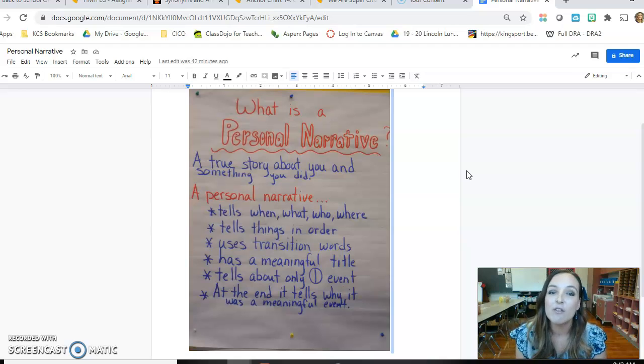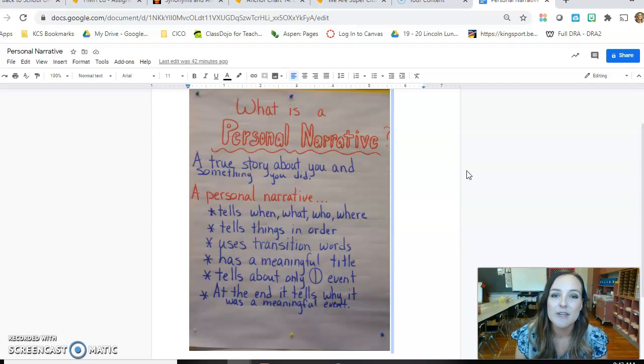It has a meaningful title, and it tells about only one event. At the end, it tells why it was a meaningful event. So in this story, which is a personal narrative, the author tells us about one event with Bailey and how Bailey became a therapy dog and helps others.